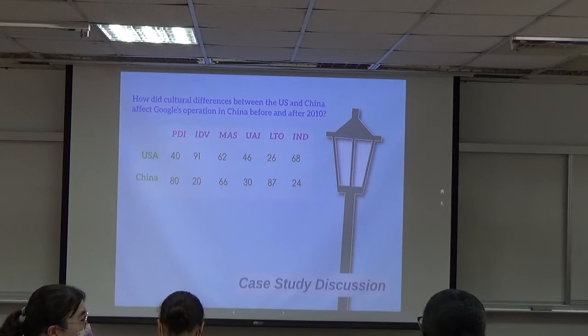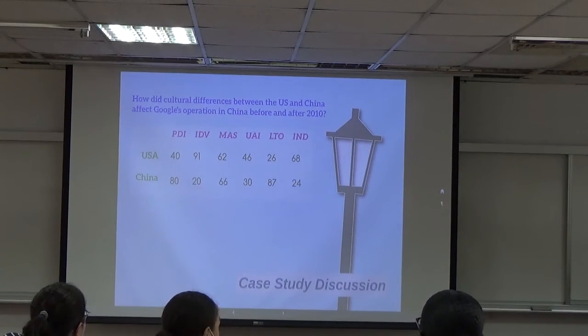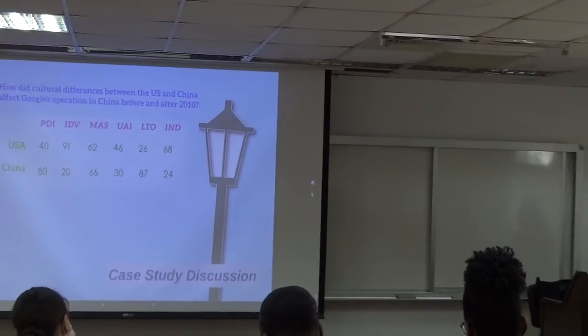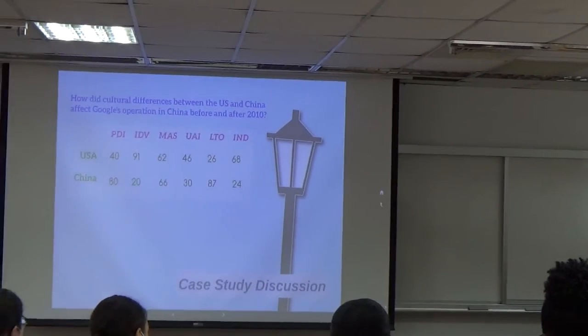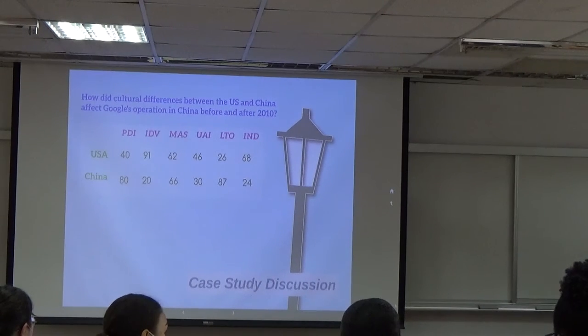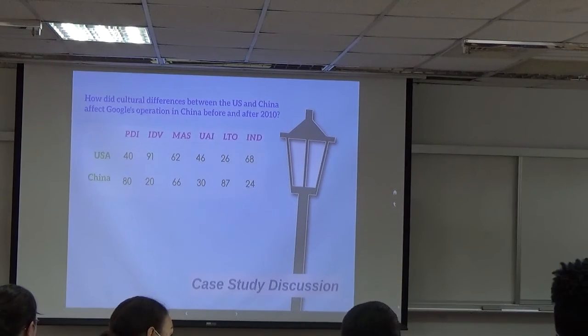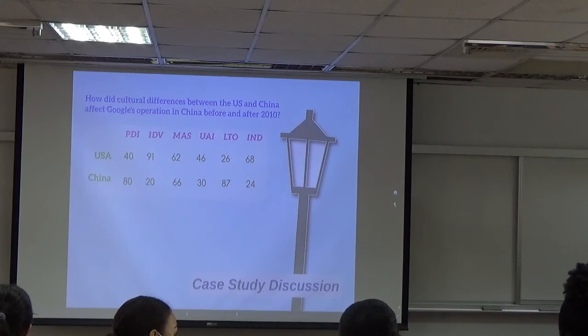The U.S. has a relatively lower power distance, so there's not that much vertical space between hierarchy, versus China that has a pretty high power distance, so that means maybe more hierarchical, or there's just a greater space between managers and employees.